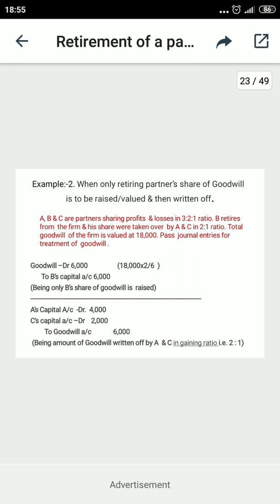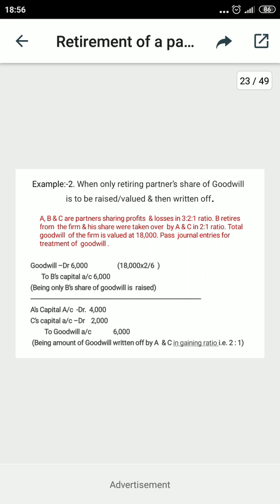Now I am moving to the second example: when only the retired partner's share of goodwill is raised. When it is raised, the goodwill account is debited, but only the outgoing partner's share is taken. The same question is used with the second condition. The old ratio, gaining ratio and new ratio are the same if required.